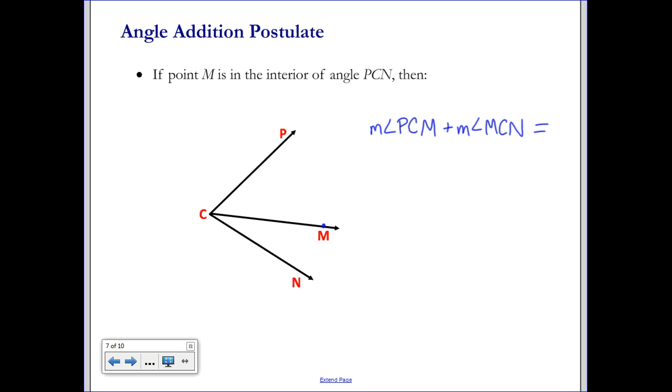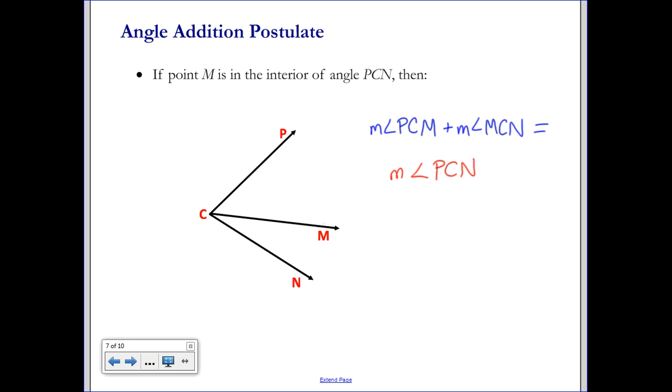So PCM is talking about this angle here, and MCN is talking about this angle here. And when you add those two together, it equals the measure of the entire angle, so measure of angle PCN. And hopefully that should be pretty obvious, right? Basically, when you add together angle 1 and angle 2 in this picture, it's going to equal the entire size of angle PCN.